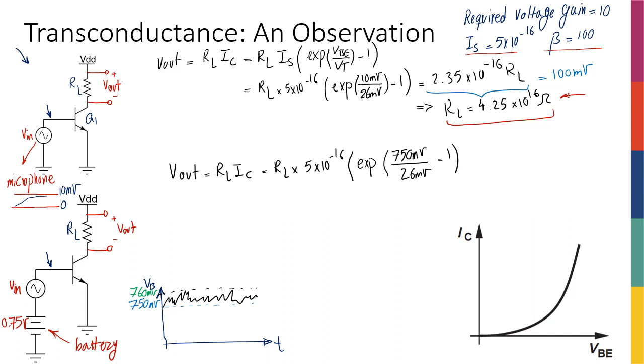And the other time, I'm going to do the same thing, but with 760 millivolts. I want to know how much the current will change, so maybe instead of writing the V out expression, let's just write the IC expression.